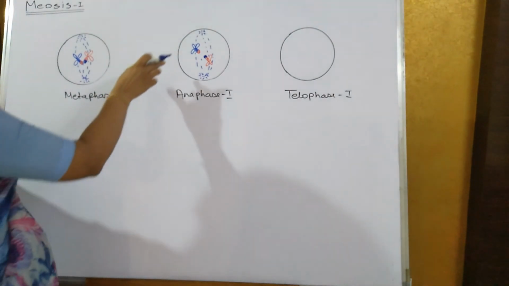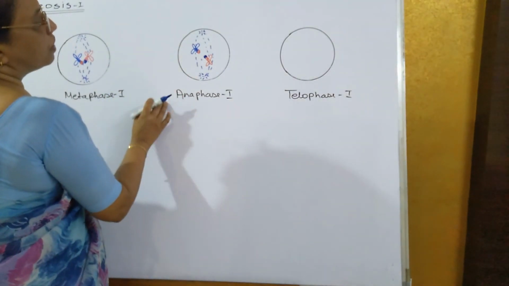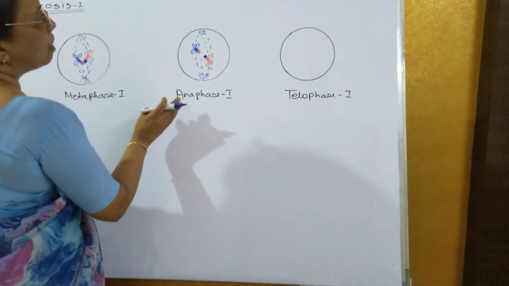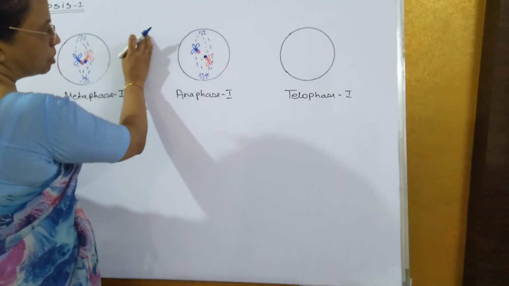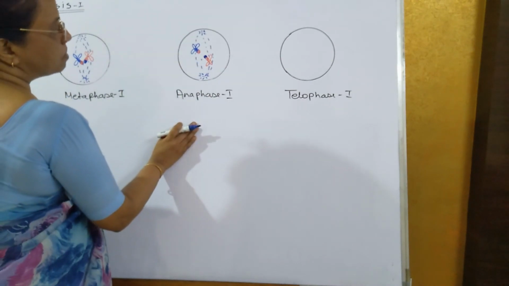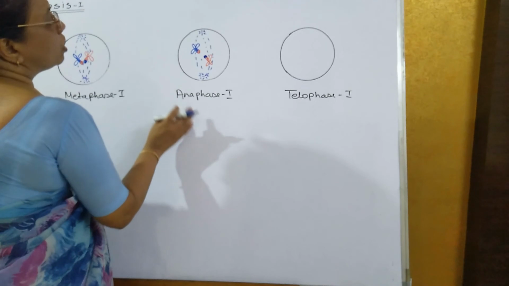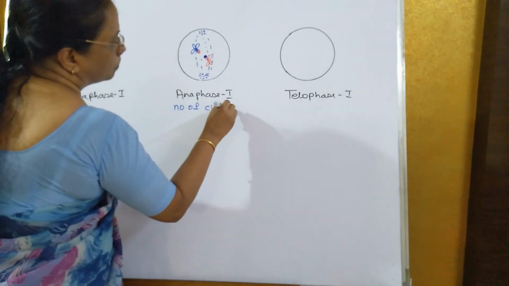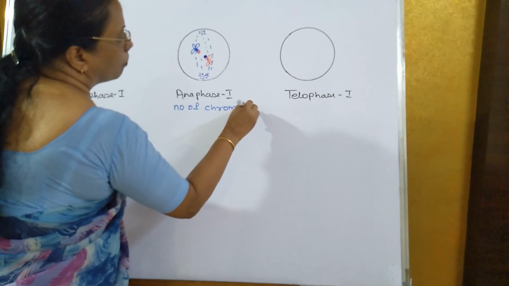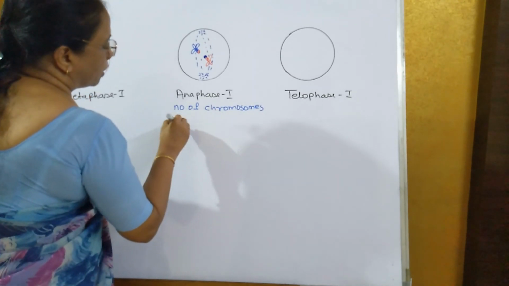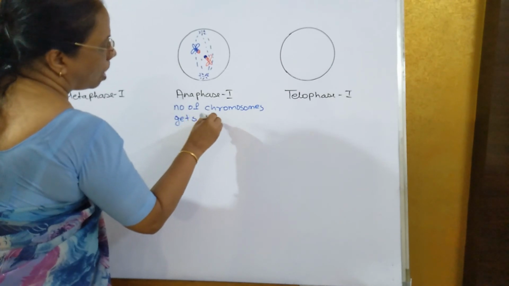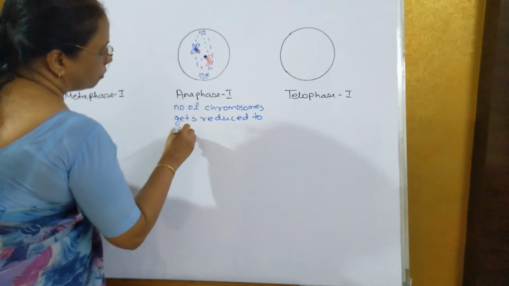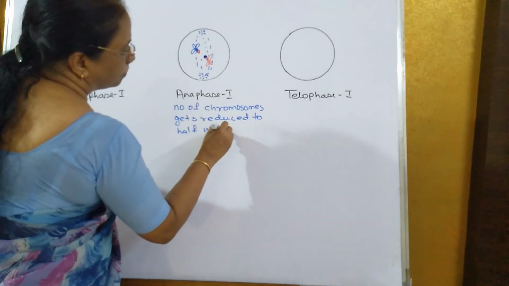Since I have taken only two chromosomes over here, one chromosome moves over here and the other chromosome moves over here. That means half the number of chromosomes goes to one pole and the other half goes to the other pole. So here the number of chromosomes gets reduced to half.